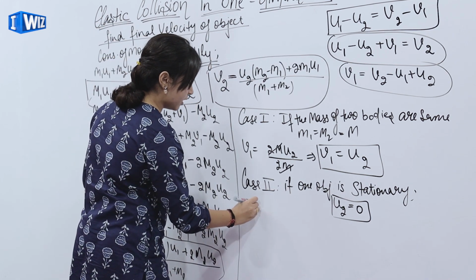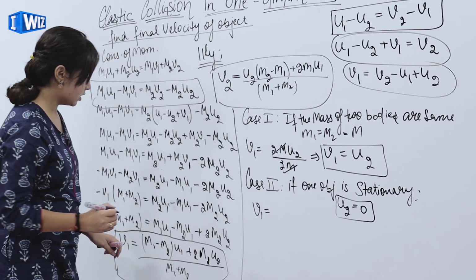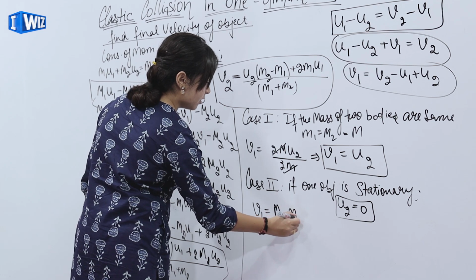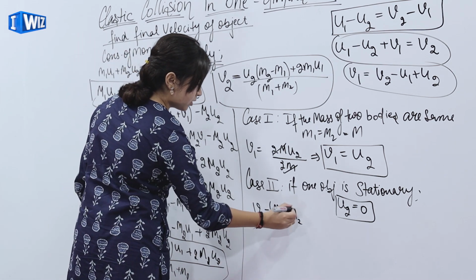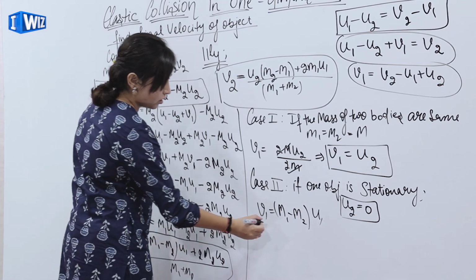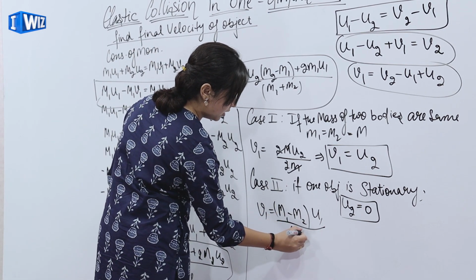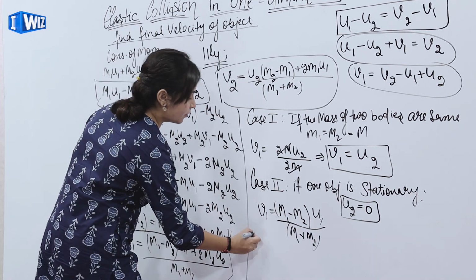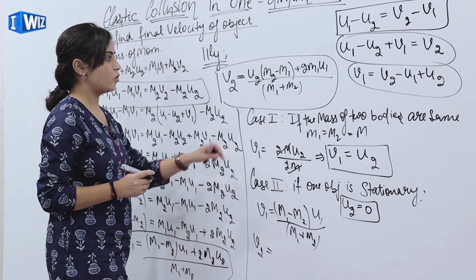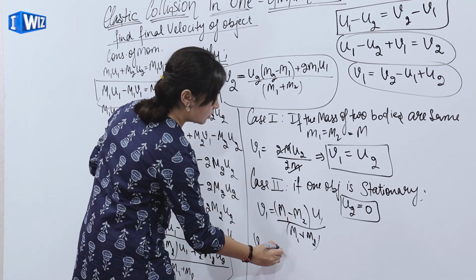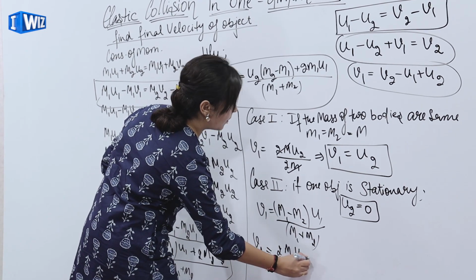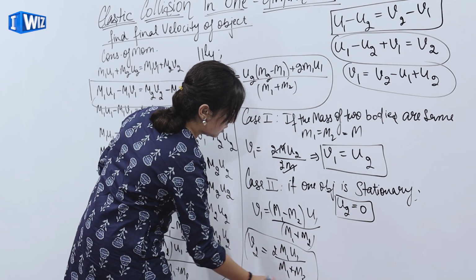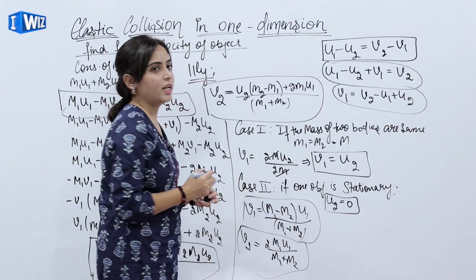So what will be the final velocity? v1 is equal to, u2 is 0, I'll get (m1 minus m2) u1 upon m1 plus m2. Similarly, I'll get v2 is equal to, u2 is 0, so I'll get 2 m1 u1 upon m1 plus m2. So these were the two different cases for elastic collision.